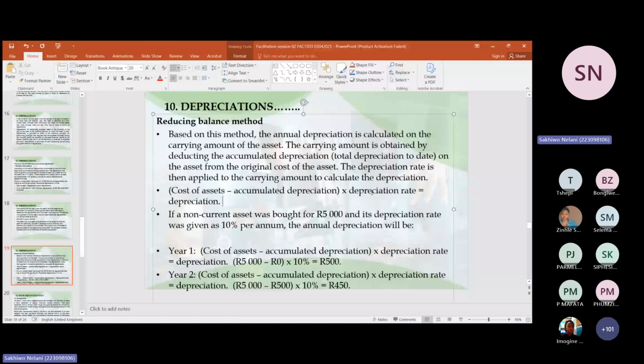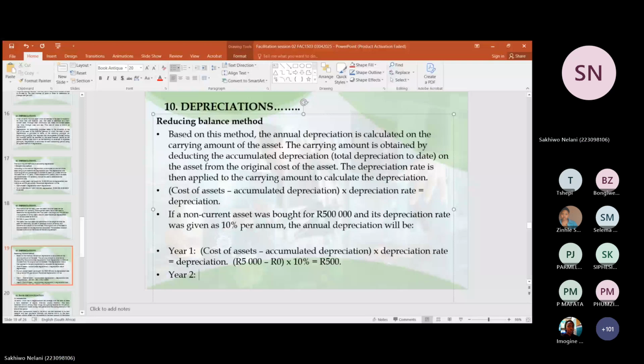Now, let us use this one. Again, let us put 500,000 here. We are going to calculate year 2. We are going to use the previous answers. 500,000.